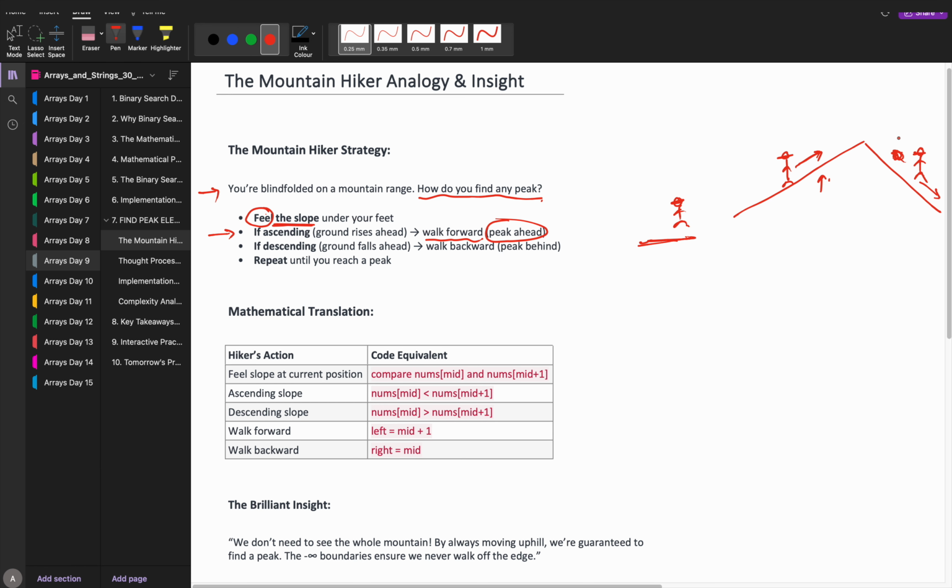So what will you do? Will you move forward? Yes or no? It means the peak is behind you. That's what is written: if the slope is descending, the ground falls ahead, walk backward, the peak is behind. If it is ascending ahead, rising a little, then walk forward to get the peak. That's completely common sense.